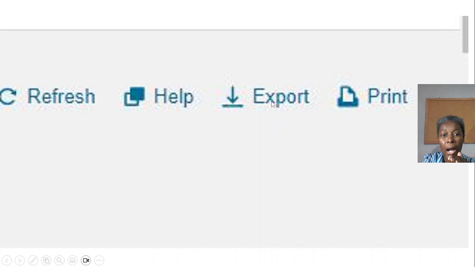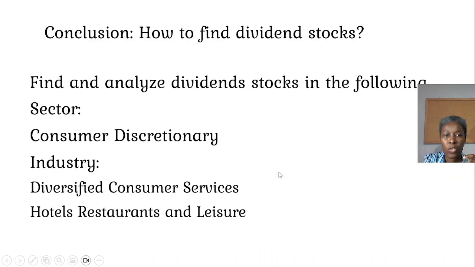On the top bar of that page, you'll find export right next to print. You click on it, and it'll open a window with some fine print. You click on OK, and you'll be able to find the CSV that will download for you, and you'll open it and just use that.